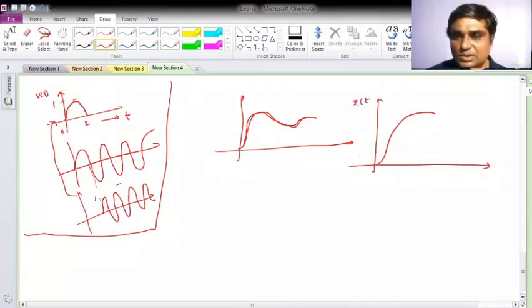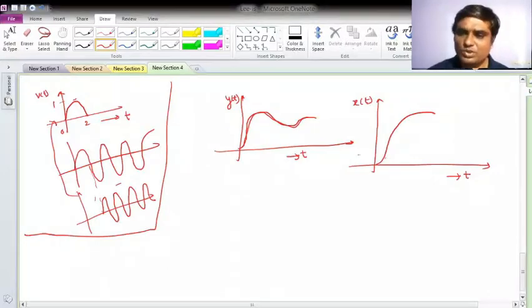Say this is x of t or y of t, you can give names to individual signals. So it is highly difficult to approximate using either unit step, ramp or sine, right? So what is the option? Only one option, that is the impulse function.